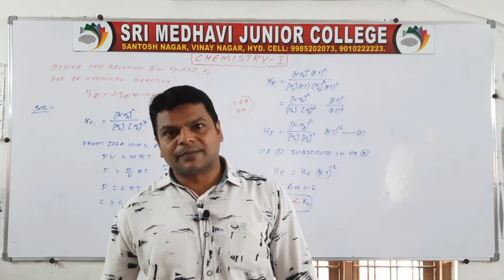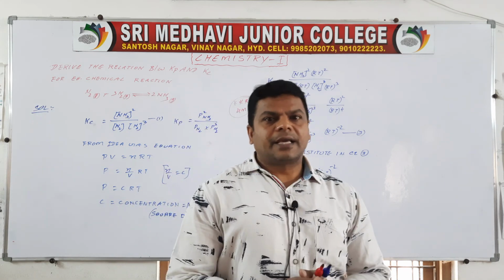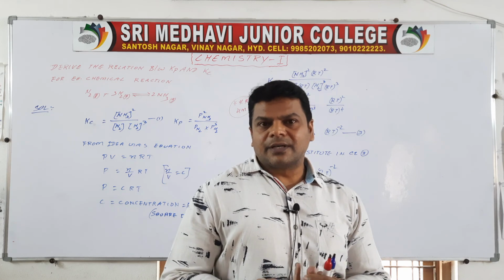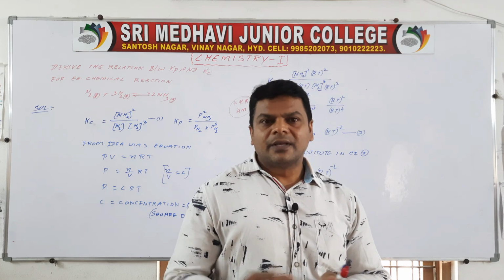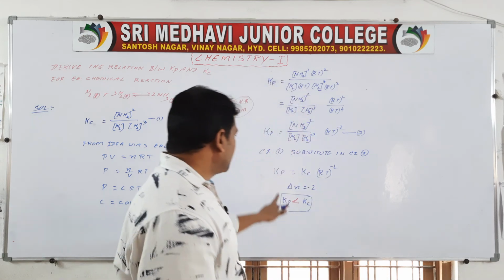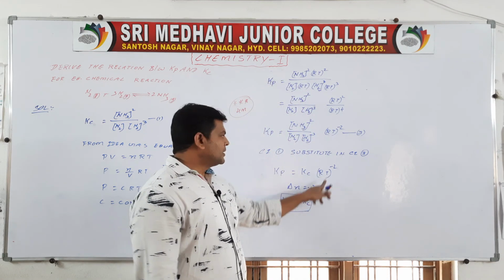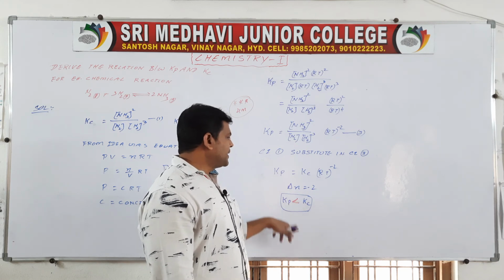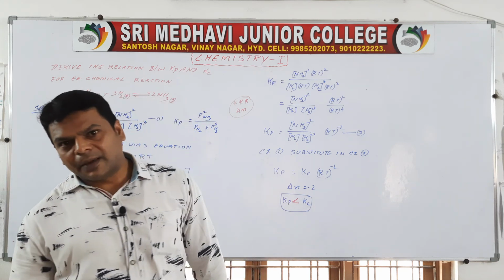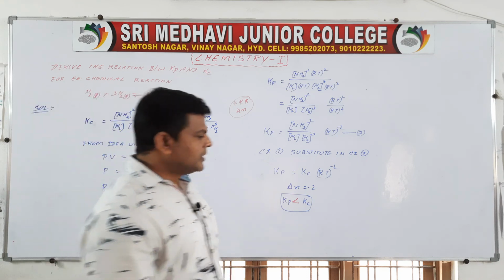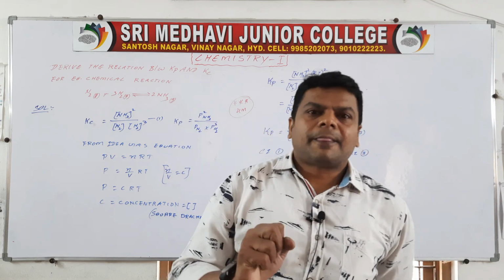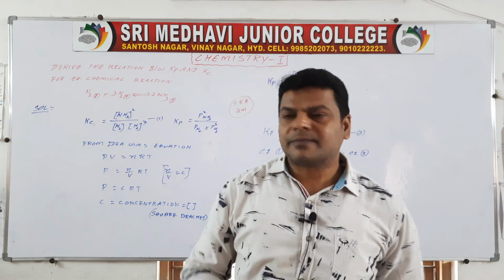Already we discussed 3 cases. Case 1: delta n equal to 0. Case 2: delta n is less than 0. Case 3: delta n greater than 0. So here delta n is minus 2 means less than, so Kp is less than Kc. So you may face this question for 2 marks and 4 marks.